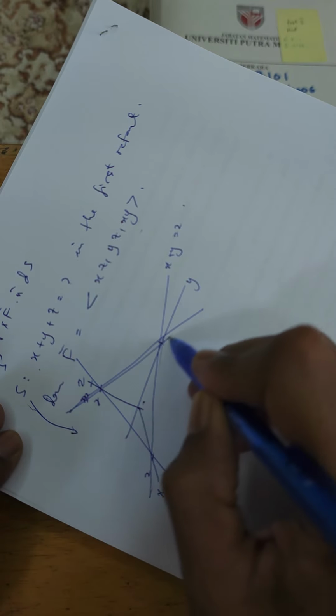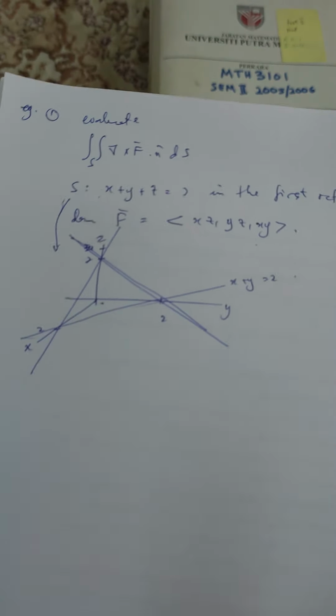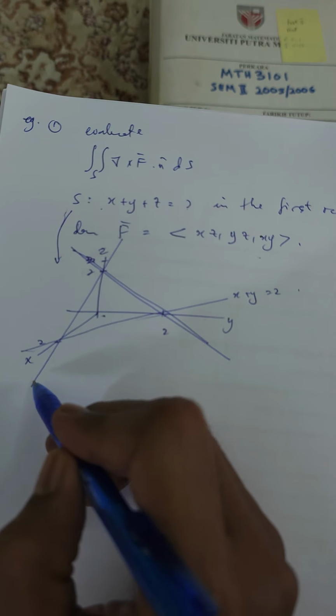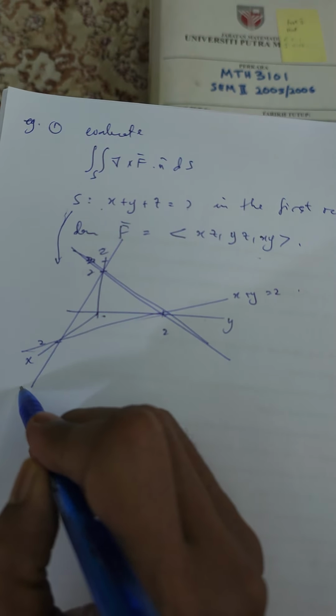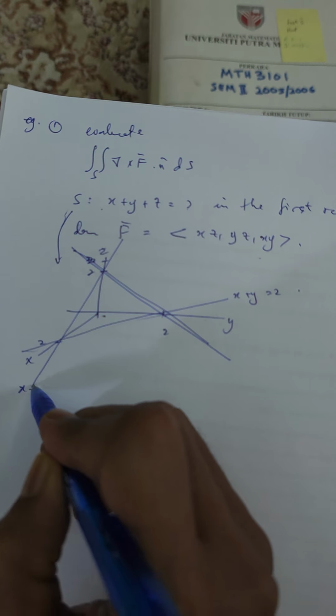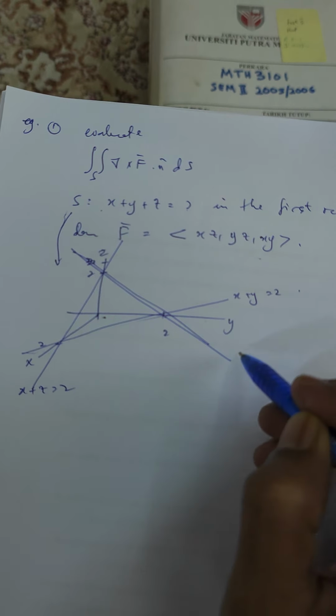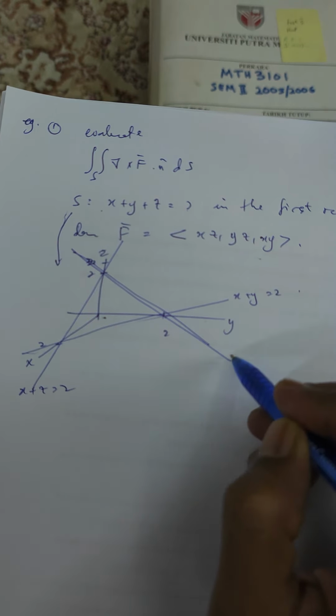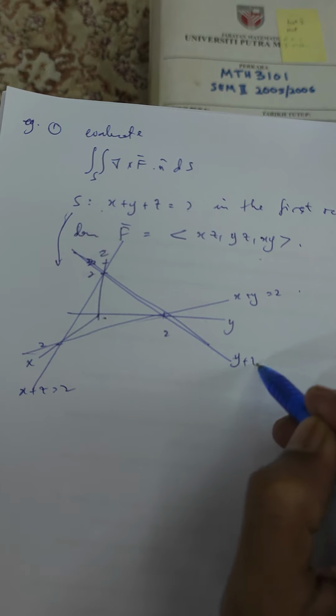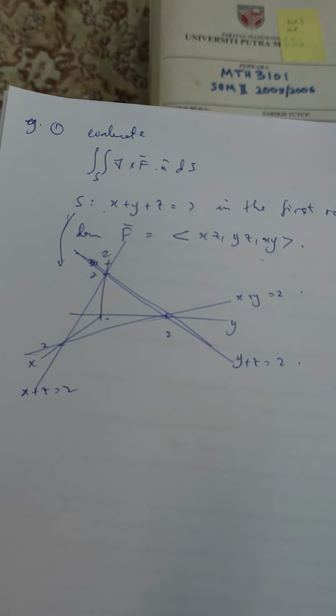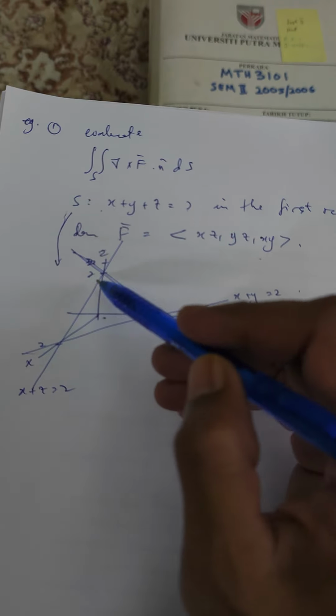This line is x plus z equal to 2, and this line is y plus z equal to 2. So this is your surface.